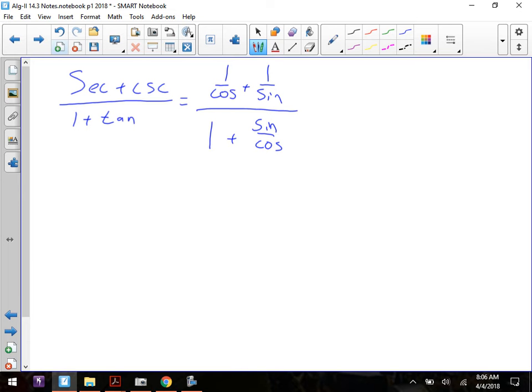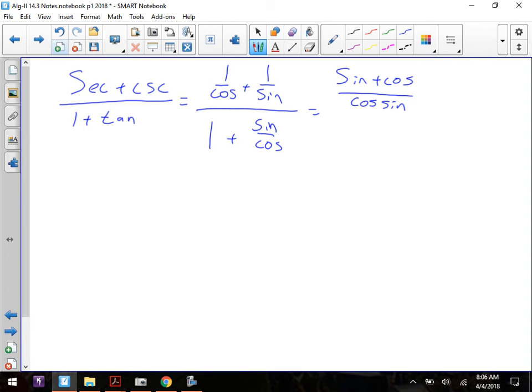Now, when you see that you have 1 over cosine, 1 over sine, obviously that means that your denominator is going to be cosine sine. So that means that my numerator is going to be sine plus cosine over cosine sine. You okay with that?